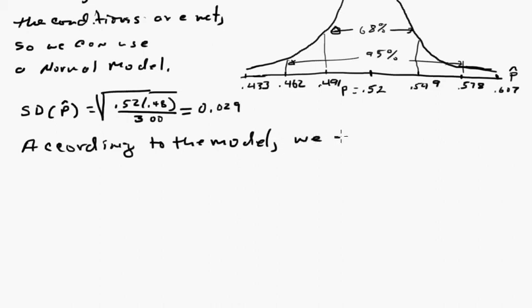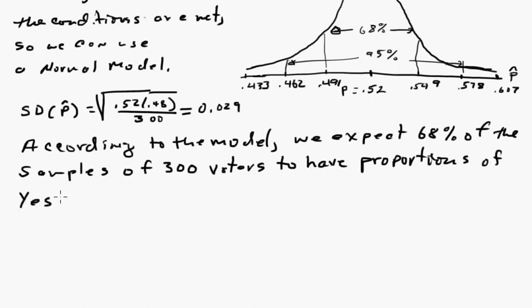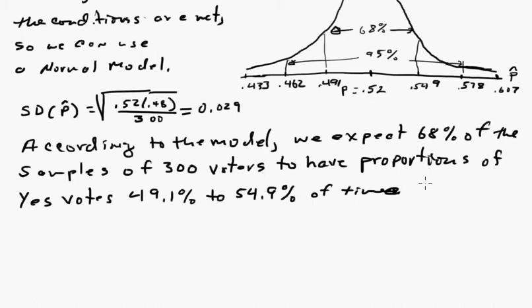We expect 68% of the samples of 300 voters to have proportions of yes votes from 49.1% to 54.9% of, I want to say of the time. I don't know if that makes sense. Time.